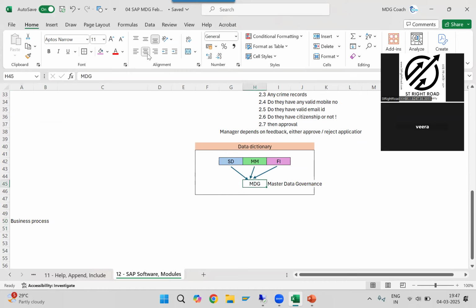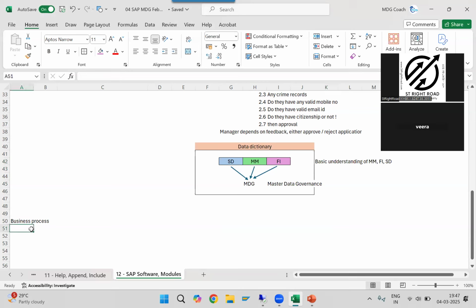Otherwise, it will be tough for you to understand what is happening in the MDG box. You should have a very basic understanding of MM, FI, SD modules.